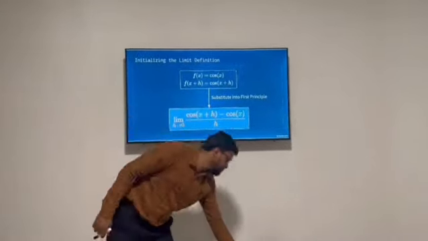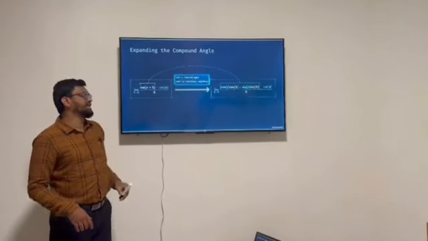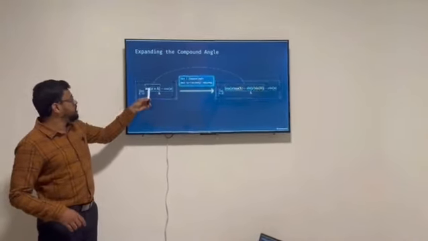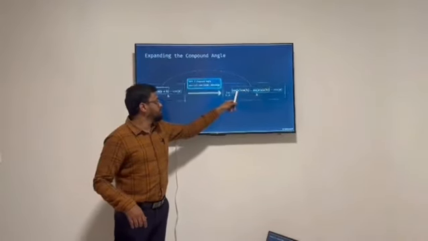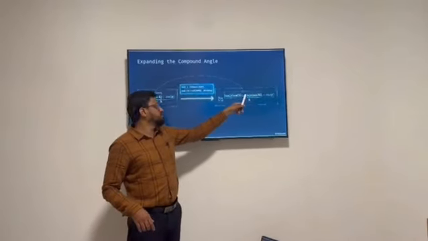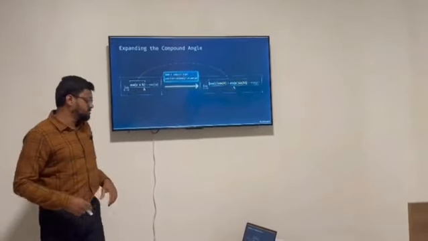We know that cos of x plus y is cos x cos y minus sin x sin y. So, replacing cos of x plus h using this formula, we get the limit as h approaches 0 of cos x cos h minus sin x sin h minus cos x upon h. There is no change in that.